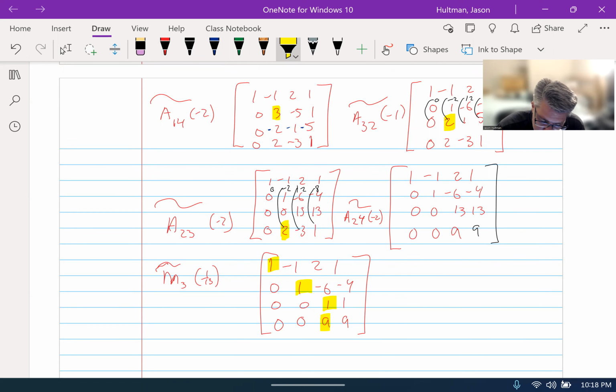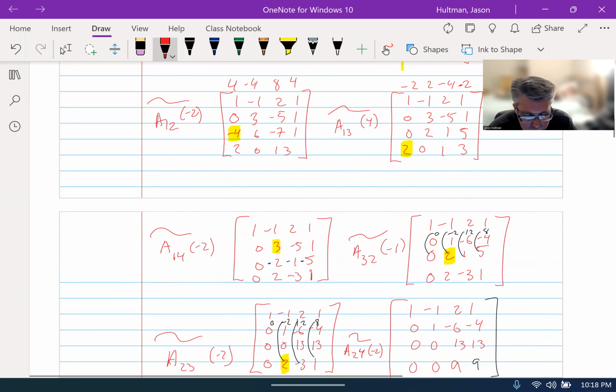Well, the last two rows contained 0, 0, 1, 1 and 0, 0, 9, 9. I like the fact that all of these are zeros, because if I add zeros together, again, I get 0, and I don't have to worry about messing up the characteristic of those rows. So I'm just going to work with the last two rows here to get rid of this 9 that's kind of messing things up. We want a 0 below the 1.